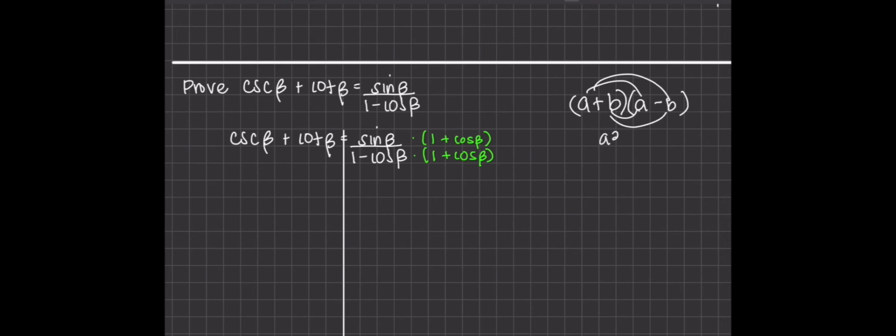So I get my a squared, I get minus a times b plus a times b. So those 2 terms are going to reduce to 0. Then I get b times negative b, which is negative b squared. So this is difference of 2 squares.